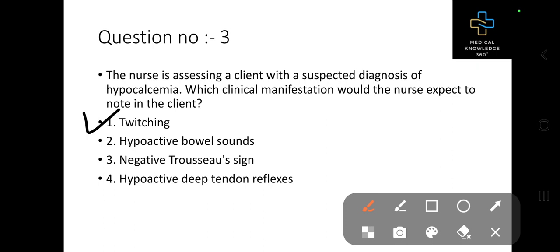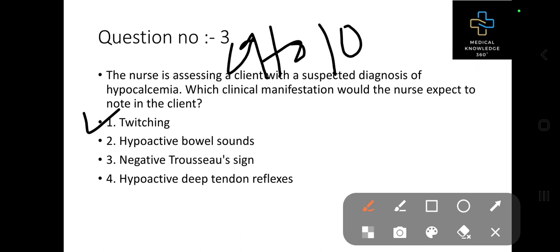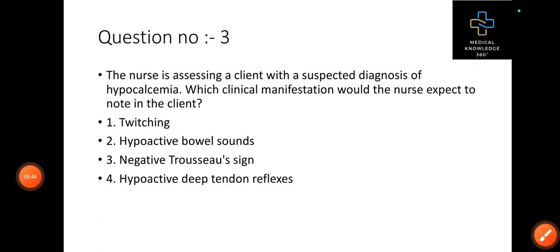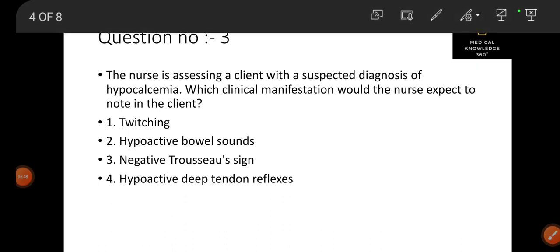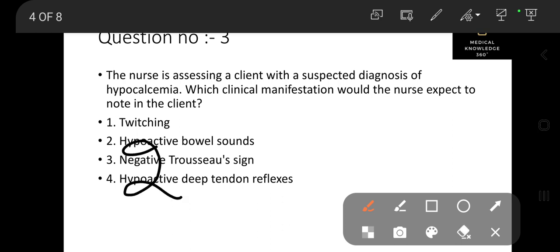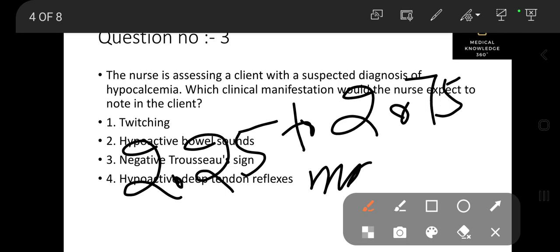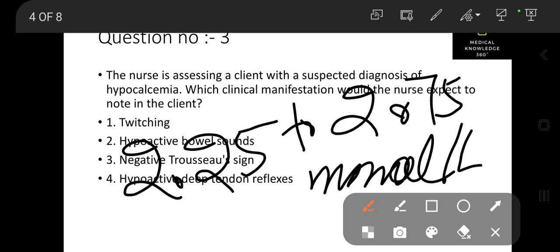We all know that the normal serum calcium level is 9 to 10.5 mg per dl. And in millimoles per liter, the normal serum calcium level is 2.25 to 2.75 millimole per liter.